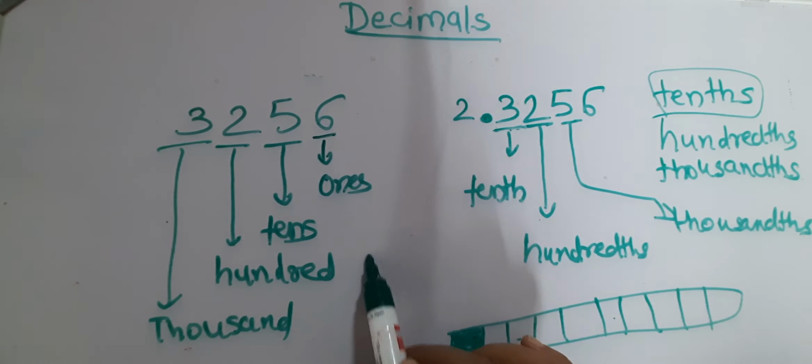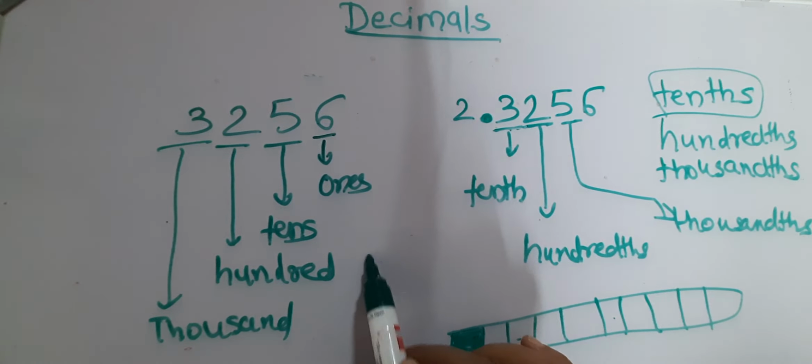The total parts of the circle are 10 and shaded parts are 3. In fraction it is 3 by 10. In decimal it is 0.3. So this is again read as 3 tenths. 3 tenths of the circle is shaded.